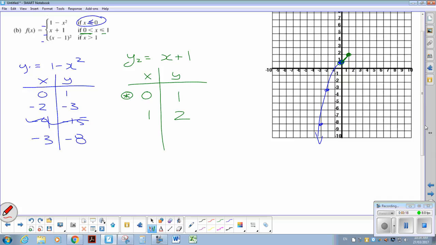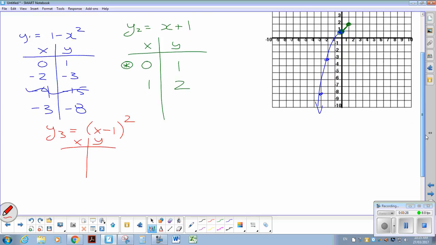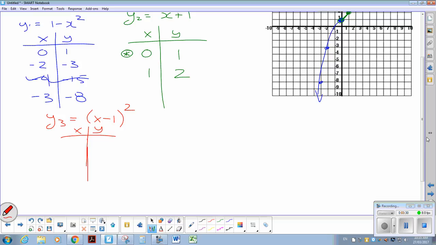Finally, y3 is x minus 1 squared. And my table for that, it's got to be larger than 1. So the same thing, I'm going to put the 1 in and put a star beside it to remind myself it's really not included. And I'm just going to get 2 more points here. If I had a 1, 1 minus 1 is 0 squared is 0.